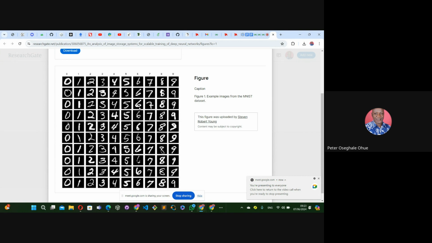If you look at them closely, look at this 6. It will be difficult to say, except you have trained the model very well with a large set of data. Look at another 6 here. Look at this 4. By exposing your model to several images, it is able to select the neighbor that is nearest.